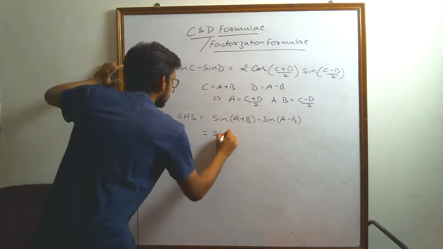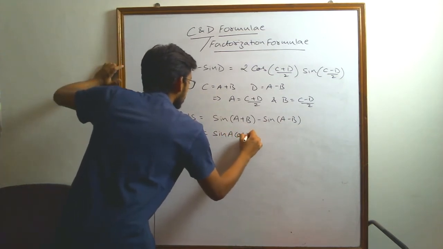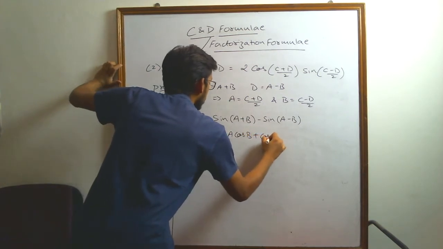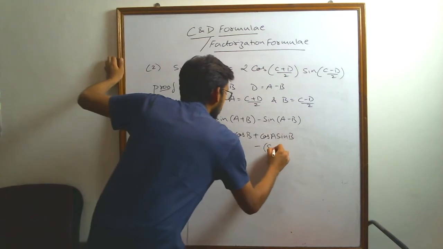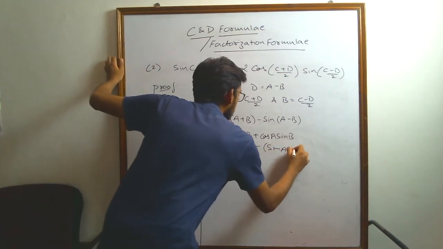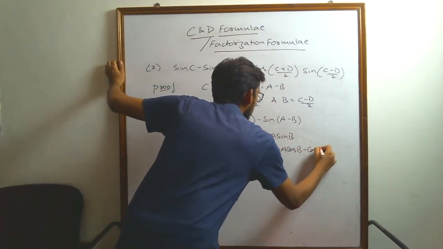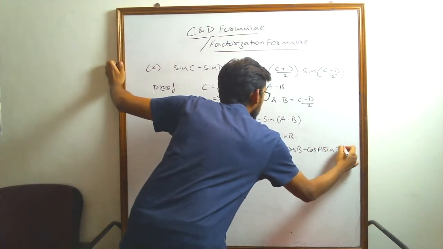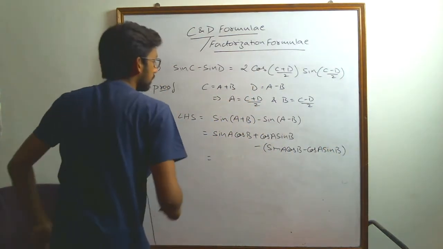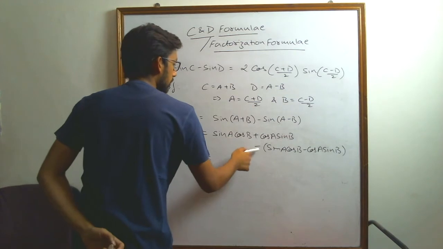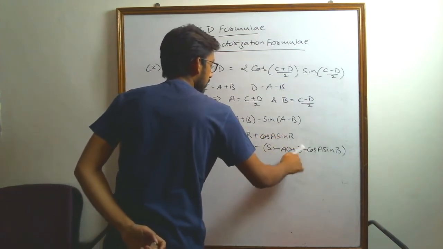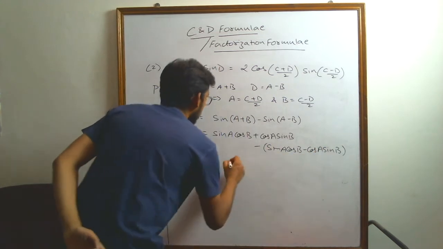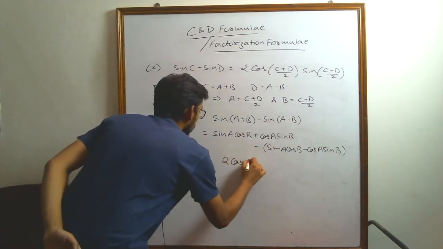So this is sine A cos B plus cos A sine B, minus of sine A cos B minus cos A sine B, which comes out to be: sine A cos B minus sine A cos B will get cancelled. Cos A sine B minus of minus, that means plus cos A sine B, means this is equal to 2 cos A sine B.